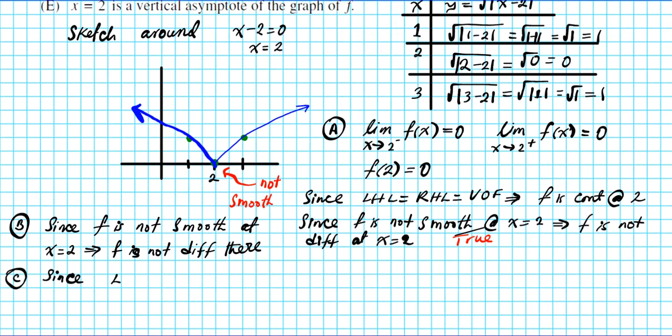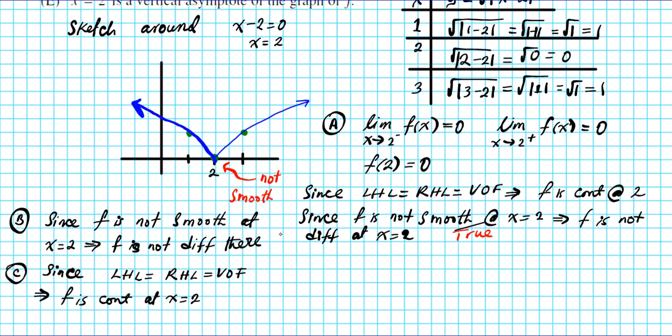We had the left-hand limit equal to the right-hand limit. They were both 0, and they were also equal to the value of the function. Okay, so what does this mean? This means that f is continuous at 2. Okay, so this statement that f is not continuous is false. So B is false, C is false.